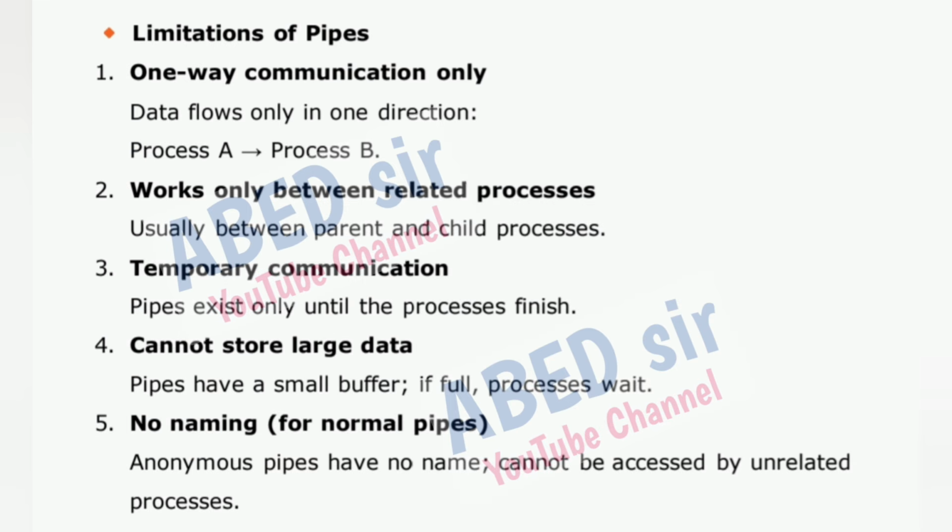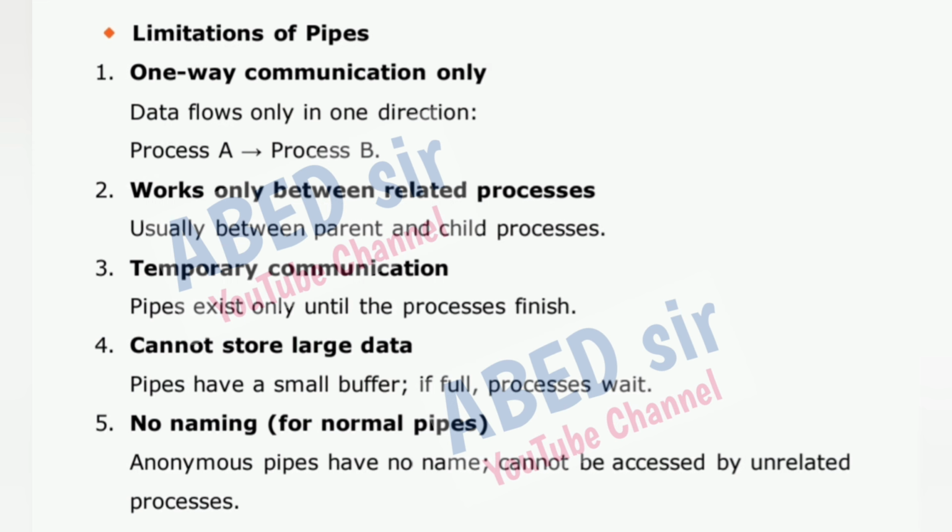Limitations of pipes: 1. One-way communication only. Data flows only in one direction, process A to process B. 2. Works only between related processes, usually between parent and child processes. 3. Temporary communication. Pipes exist only until the processes finish. 4.